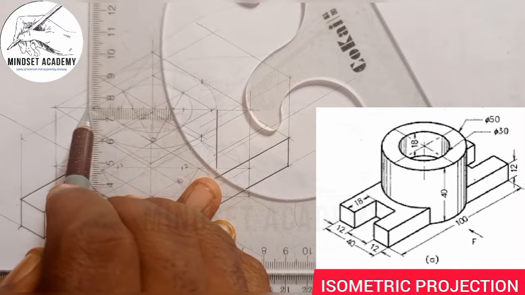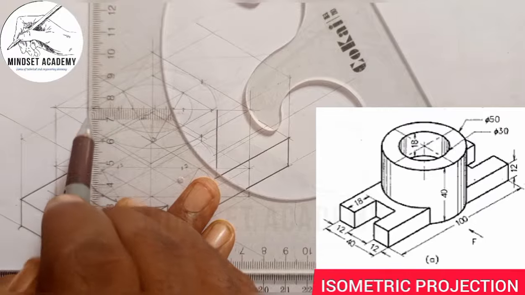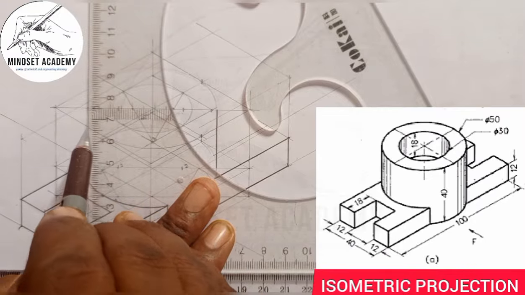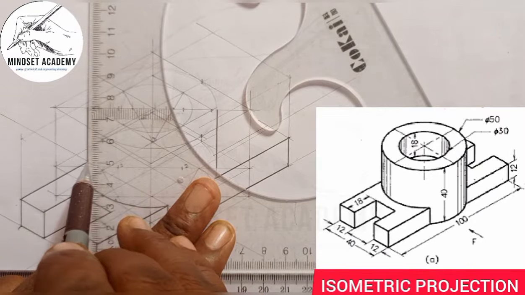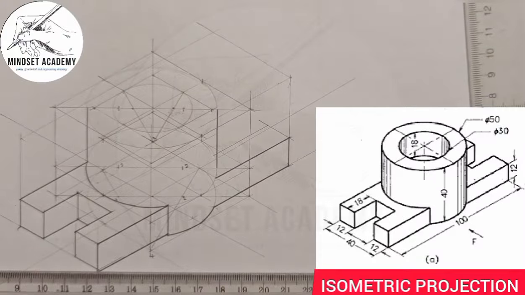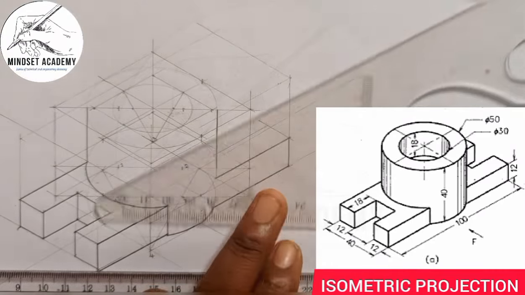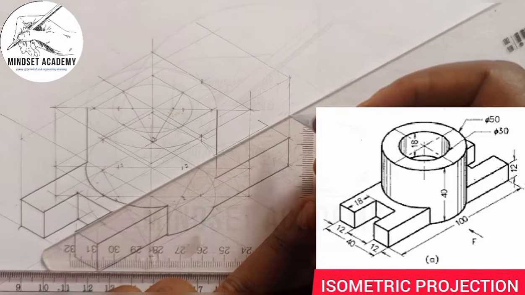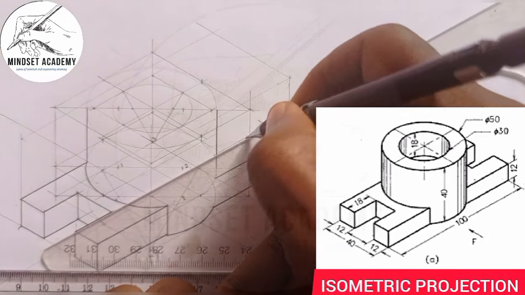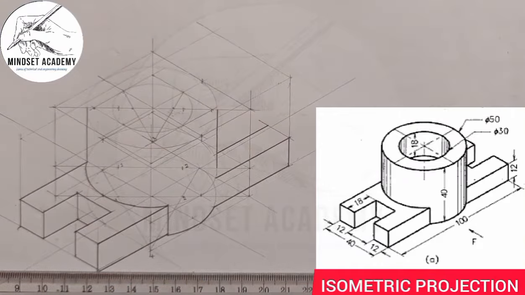Yet again, I'll join it to this point. Can you see that? Then the next thing I'm going to do is I'll take this in and I'll thicken it to this point. And I'll close it up.